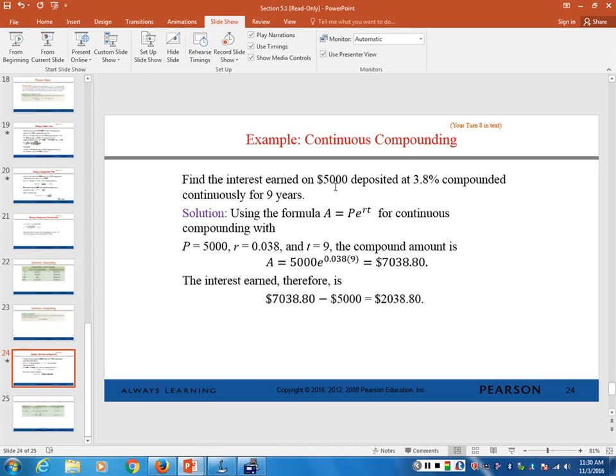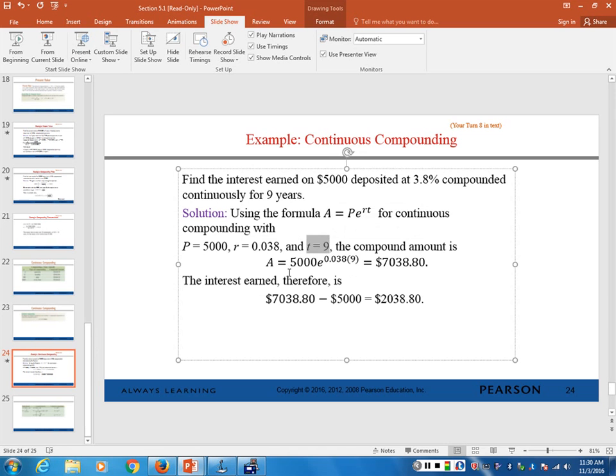In this case, our present value is our $5,000. Our interest rate, 3.8%, we convert to a decimal, 0.038. The time is 9 years, because it's compounded continuously for 9 years.